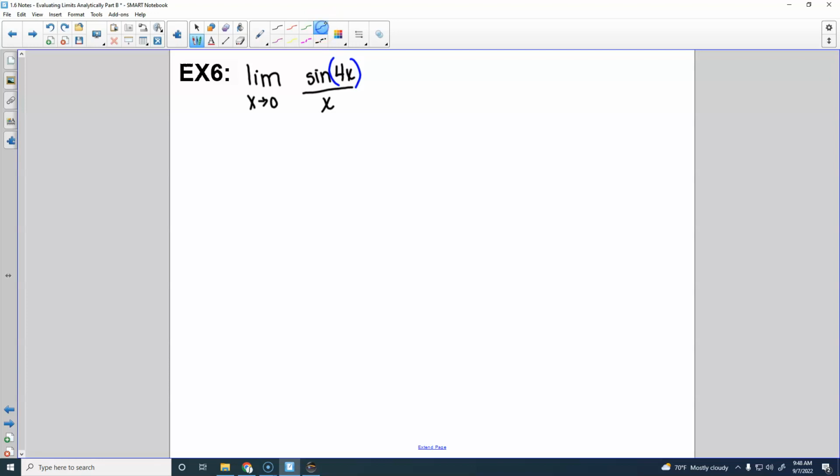Now, what we need to know is that while we wrote down that the limit as x approaches 0 of sine x over x equals 1, it would be true that the limit as x approaches 0 of sine of anything, question mark, over that same question mark would equal 1.